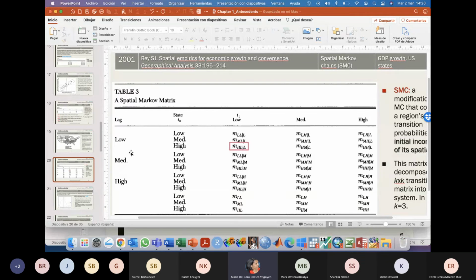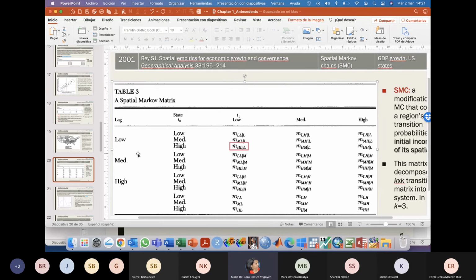It means the probability that regions starting in 1932 with high per capita income end up in the last period in the low per capita income state, conditioned because they were surrounded by neighbors that in the beginning had a low per capita income.